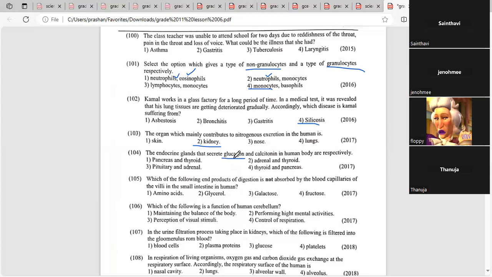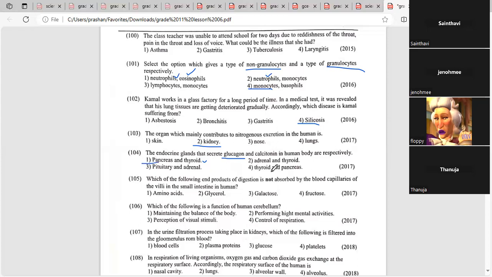Therefore, first answer should be pancreas. We know glucagon is secreted by pancreas. Here, adrenal. No. Glucagon is not produced by the adrenal gland. Pituitary gland does not produce glucagon. Thyroid gland does not produce glucagon. We know pancreas produces glucagon. Therefore, this is the correct answer.